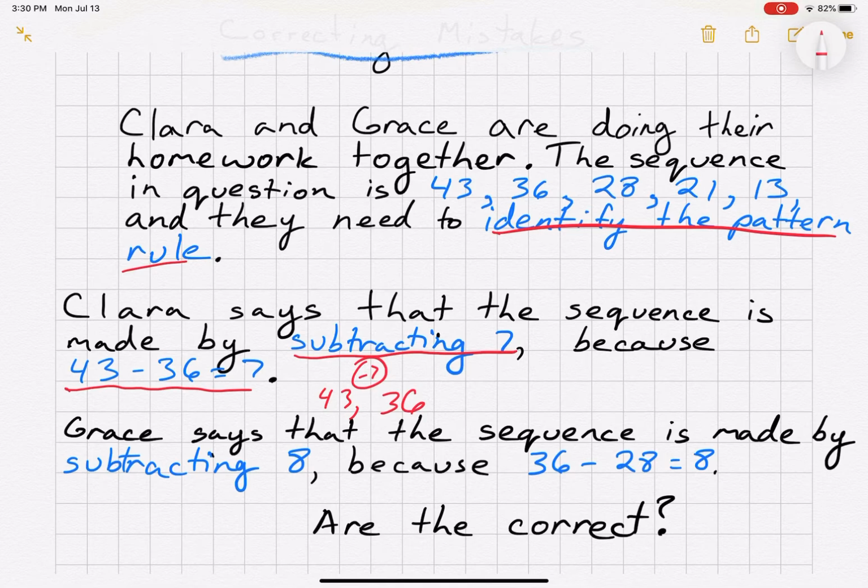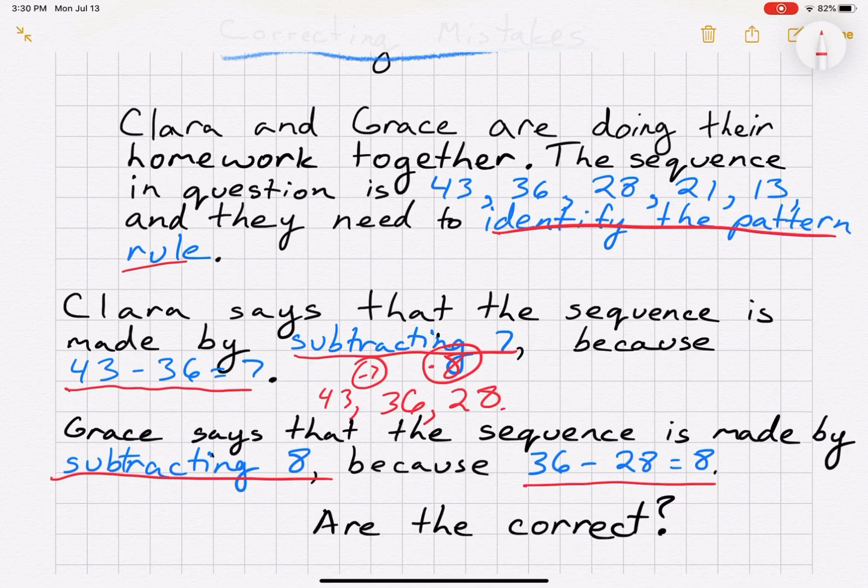Okay, now Grace says that the sequence is made by subtracting 8 because 36 minus 28, the difference is 8. So let's double check that. She says it's minus 8. So 36, 35, 34, 33, 32, 31, 30, 29, 28, which is 8.